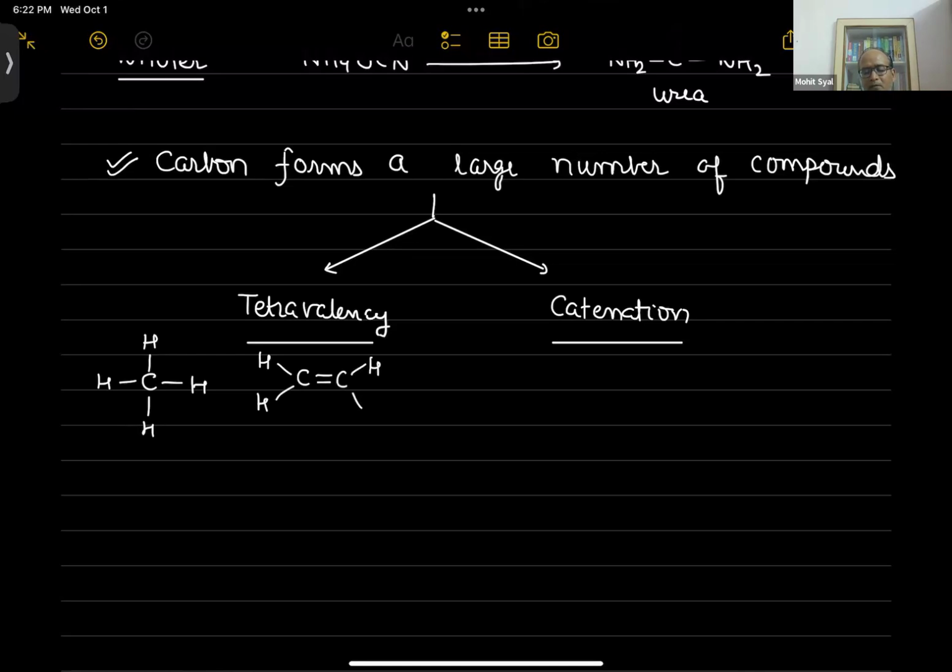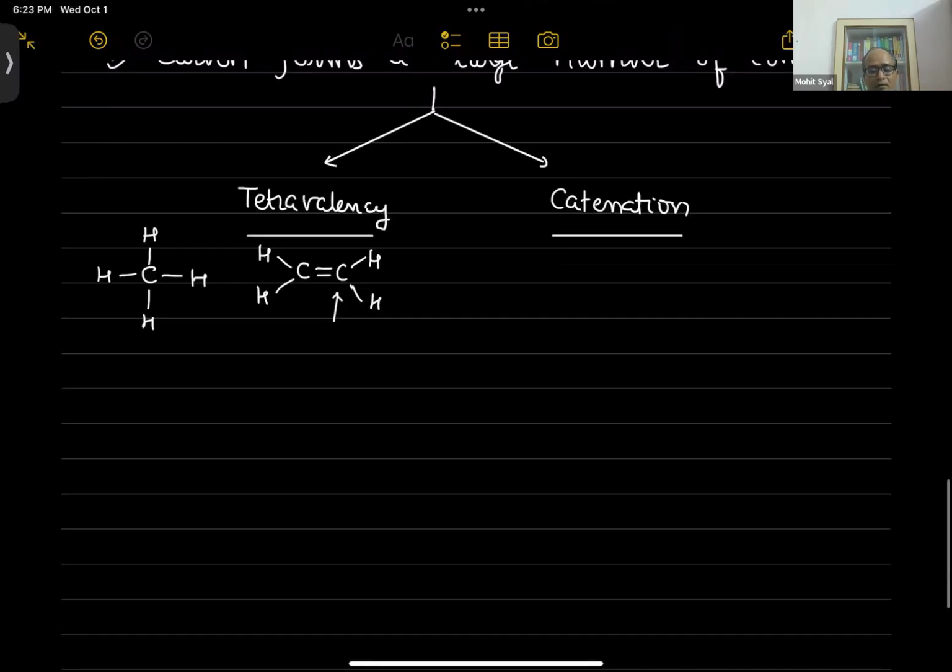If there is a double bond, just two more single bonds will be needed. There can be a triple bond. If there is a triple bond, I need just one more hydrogen to fulfill its tetravalency. There can be two double bonds. Carbon is tetravalent. Got it?